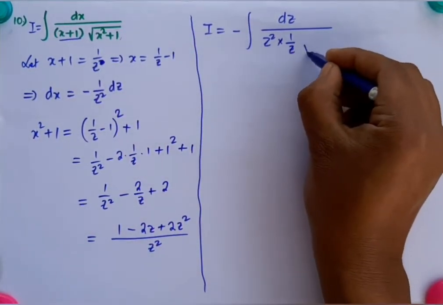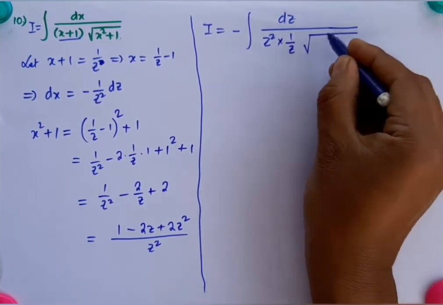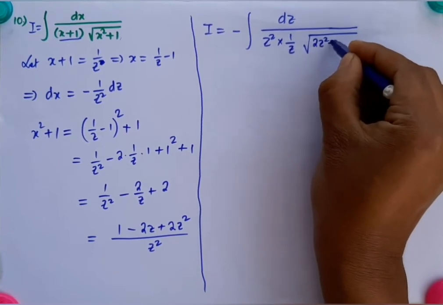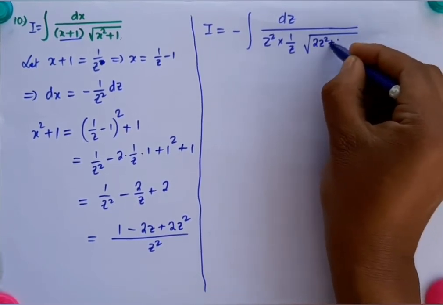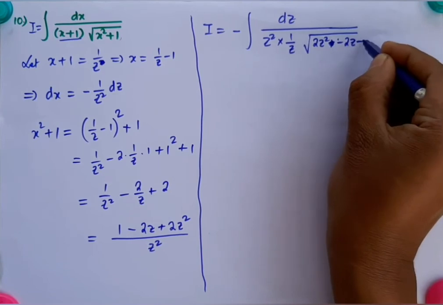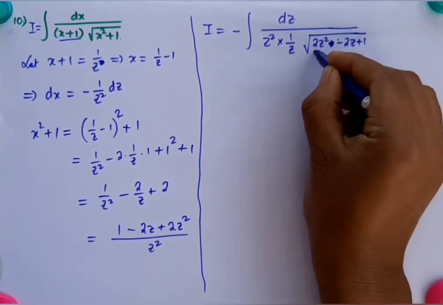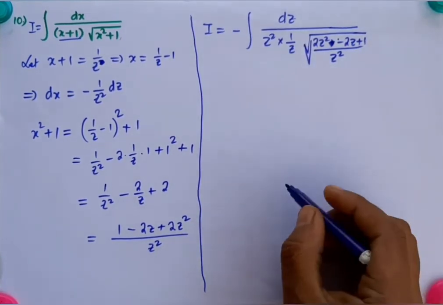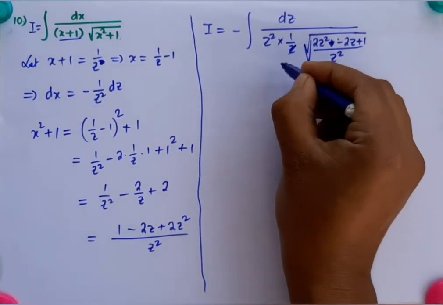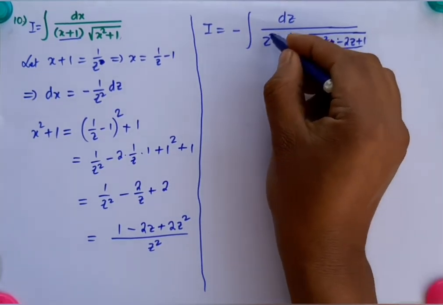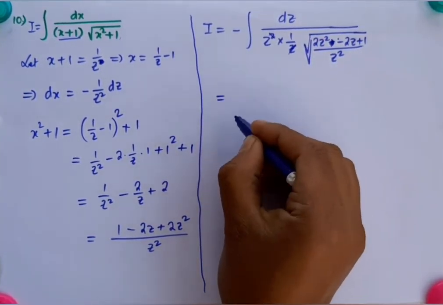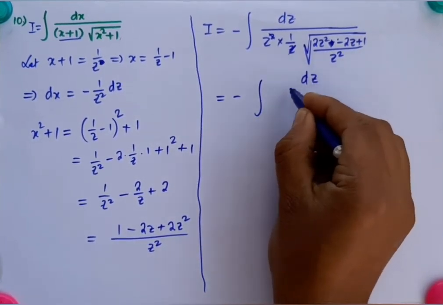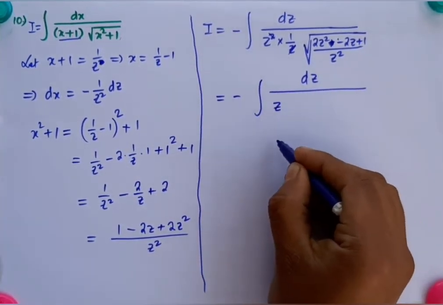Now we have square root of x square plus 1, which is 2z square minus 2z plus 1 divided by z square. Remember, everything is within the square root sign. So here you see that this z and 1 by z get cancelled. So you have minus integral dz by z here.